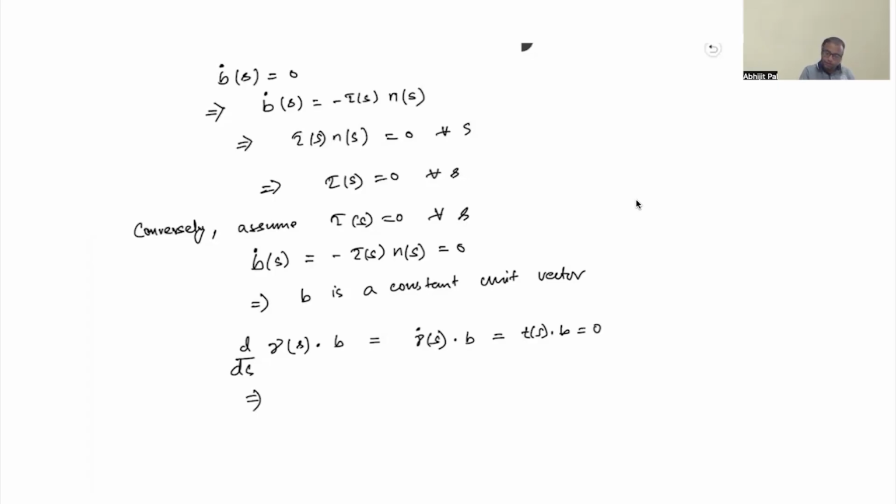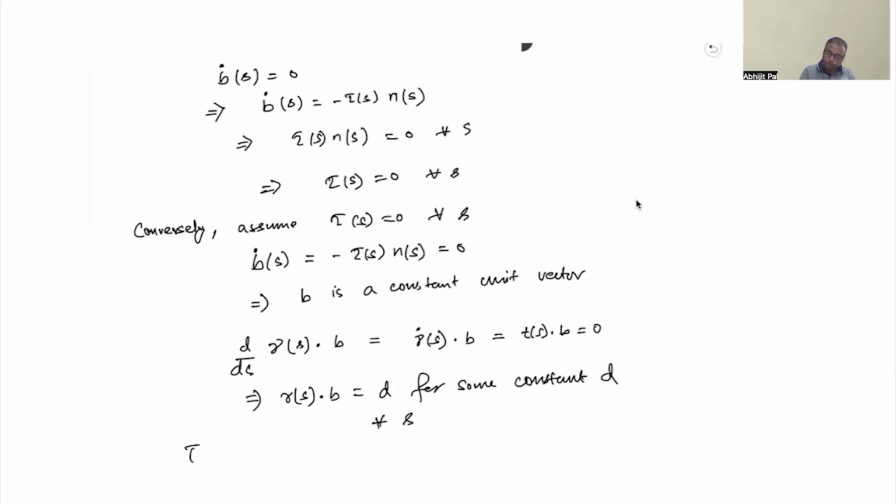So therefore gamma(s) dot B is equal to d for some constant d, and this is true for all s.